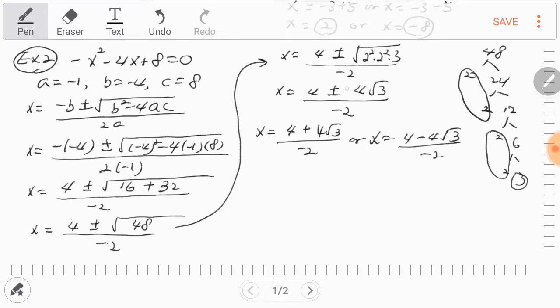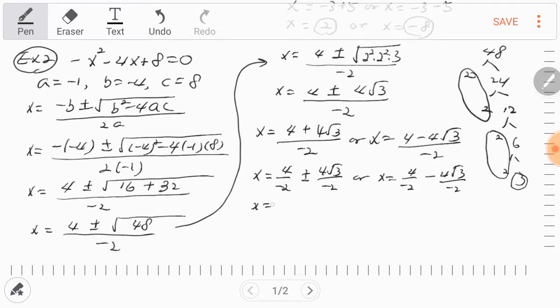So we separate this plus or minus so that we have two x values, and then separate the numerator from the denominator.